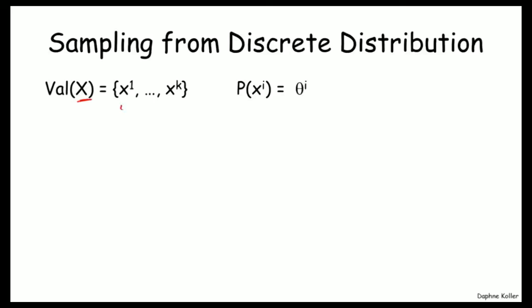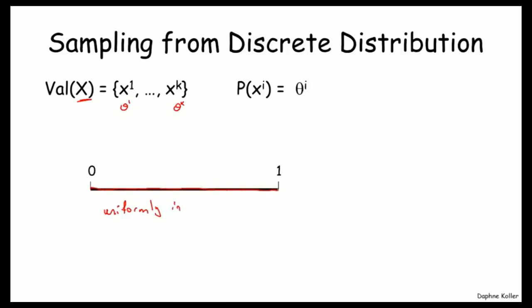And so we have theta 1 up to theta k. How might we go about using computational tools to generate samples from this distribution? Well, most computers give us a random number generator function that generates samples uniformly in the interval 0, 1.